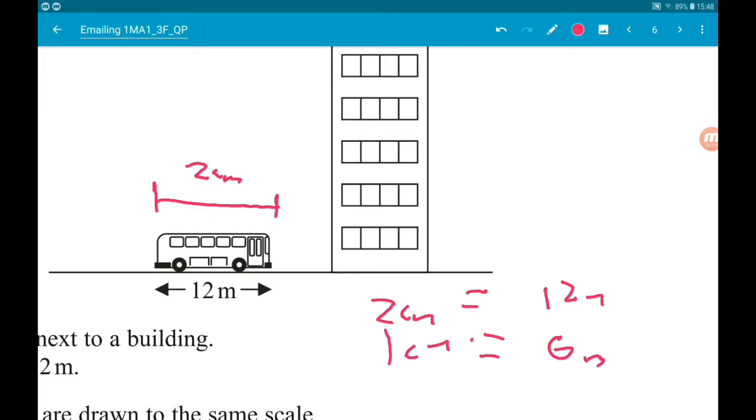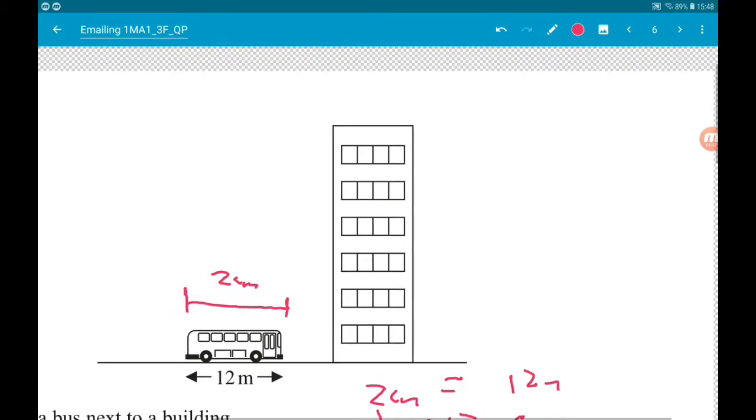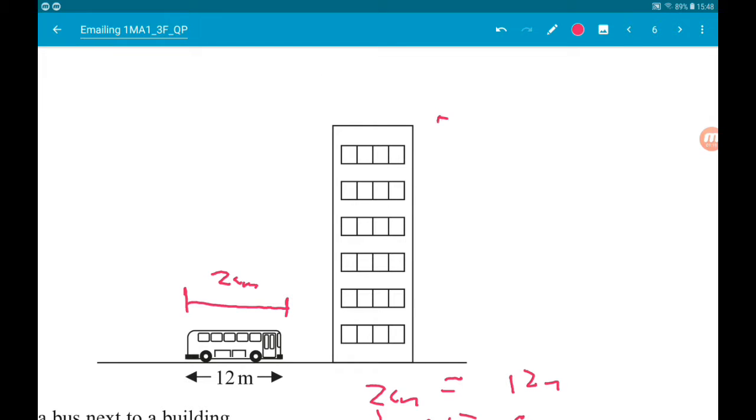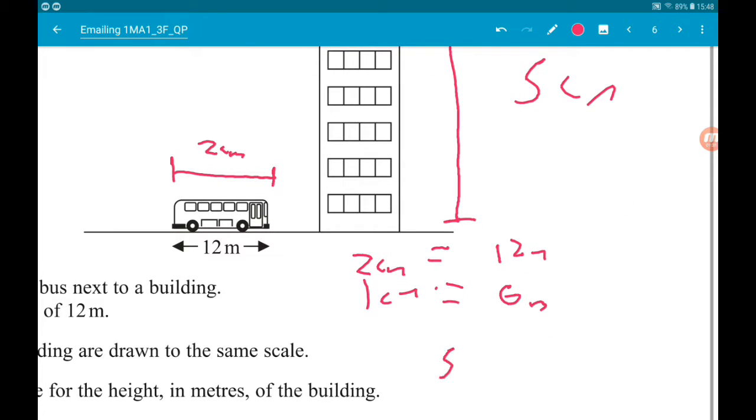And then if you measure the height of the building, you should get about 5 centimeters. So then you do 5 times 6 meters is 30 meters.